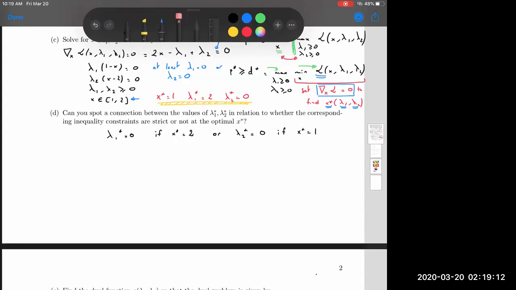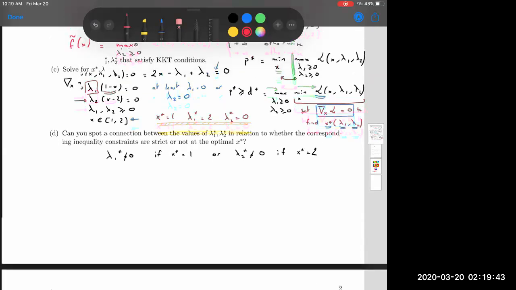So if lambda 1 star is not equal to 0, then x star is equal to 1. And if lambda 2 is not equal to 0, then x is equal to 2. So here, if lambda 1 is not equal to 0, then x is equal to 1. And same thing here, just by complementary slackness.